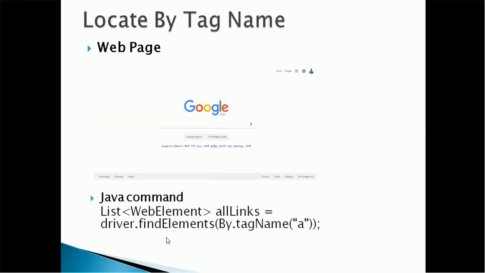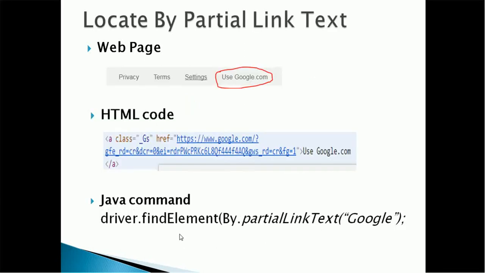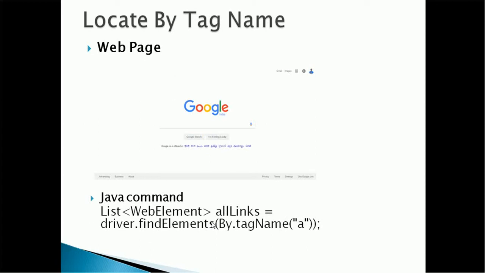Here we have created a list variable, allLinks, and we are assigning it driver.findElements. Here you can notice that I have used the method findElements, unlike findElement, because findElements returns a list of elements that you are going to find.